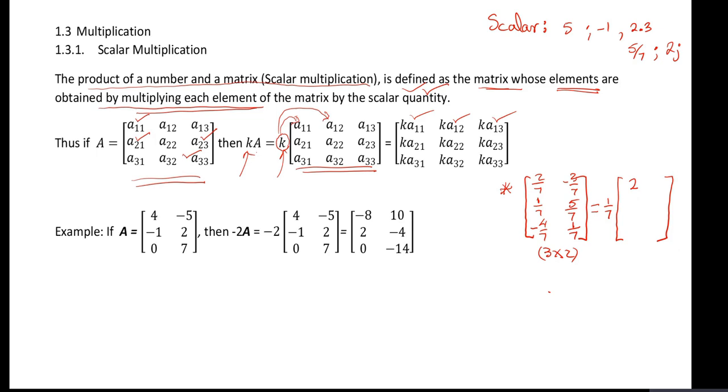That will be a 2 because I've removed 1/7. Remember, it's the reverse, so I'm actually dividing by 7. That will be minus 3, 1, 5, minus 4, 1. It will be much easier to work with a matrix like that than to work with fractions. It's useful to know that.